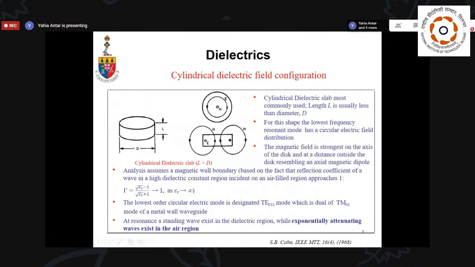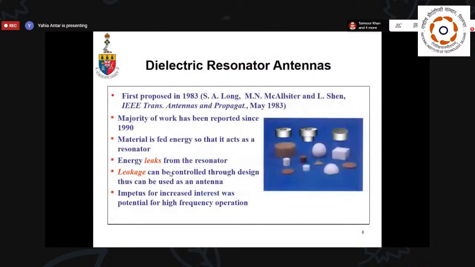Well, the idea there: if you have a high dielectric constant and you have a wave inside, the wave gets trapped because you have a reflection coefficient. Epsilon is very high, so you have a reflection coefficient that's close to 1. So this is the way that we thought about it, that the field could actually be trapped inside those resonators.